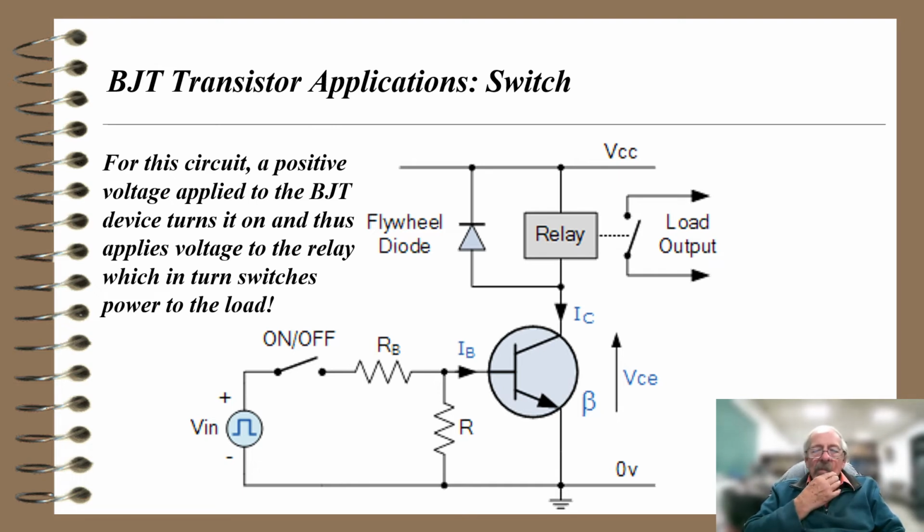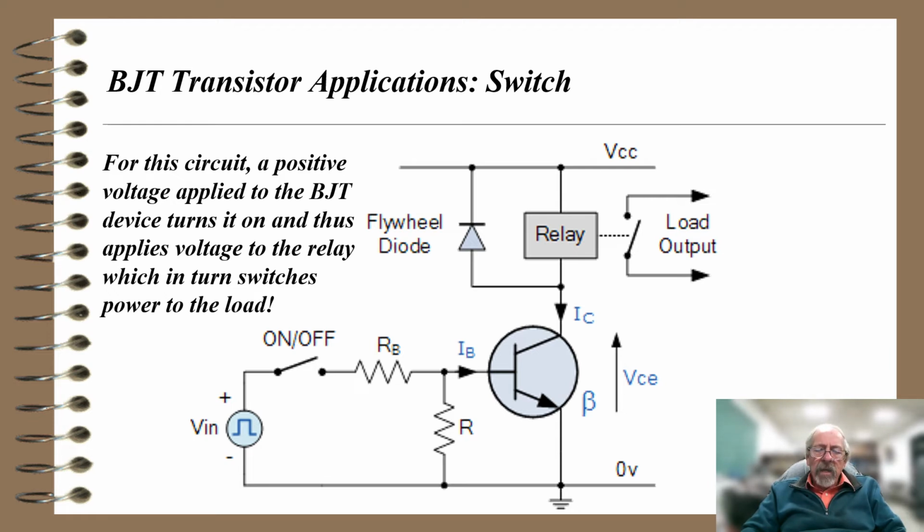So in this case, you might notice there's a VN, which is a positive going voltage. There's a switch there that says on off, and there's RB for the base resistor. There's another R resistor, and of course, again, you have to figure out what the size of these resistors are to make this work. Then there's what's called the base current, I sub B, and I sub B will induce a collector current, I sub C.